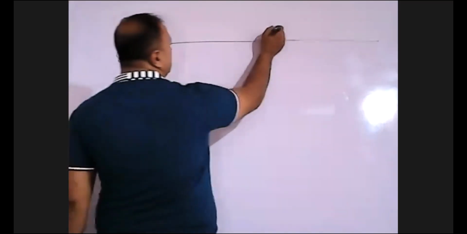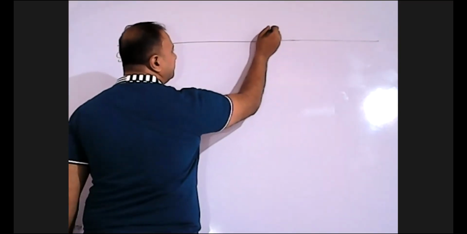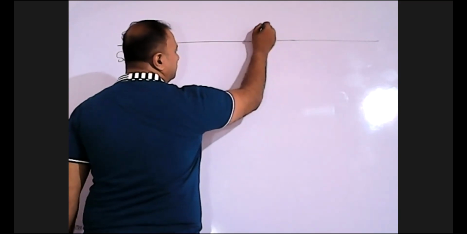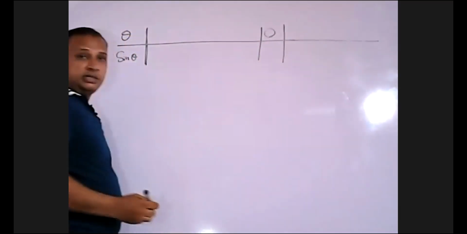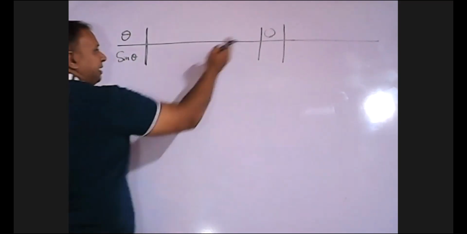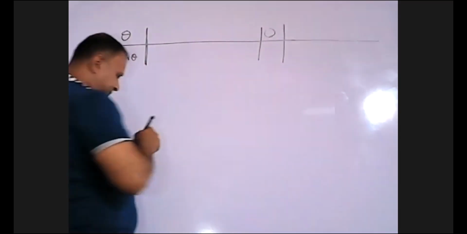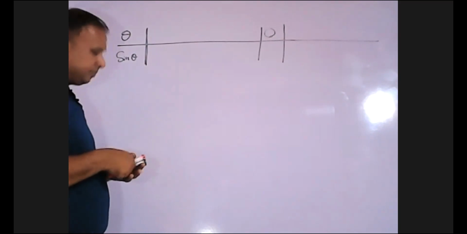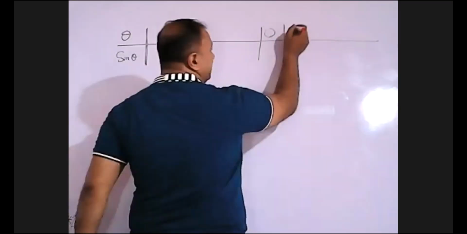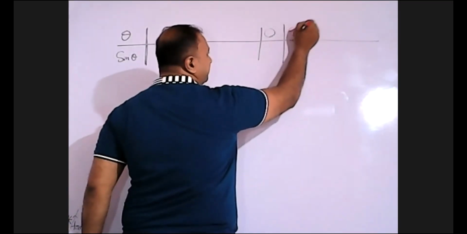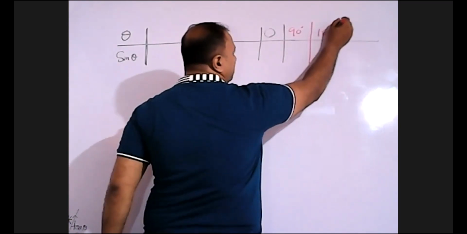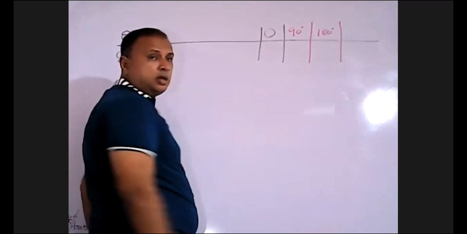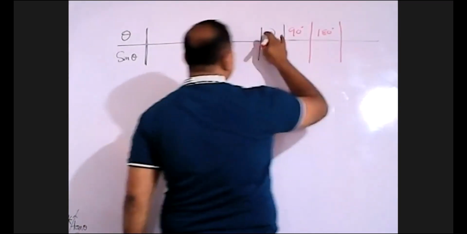Suppose this is 0. This side is the minus side, this side is the plus side. Plus 90, plus 180, plus 270.